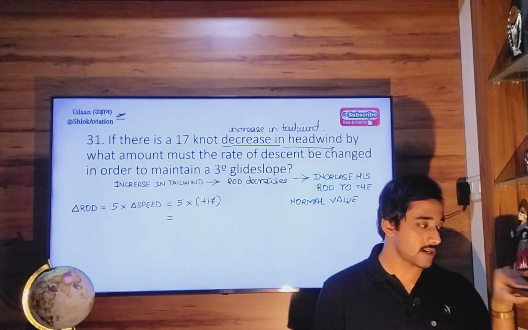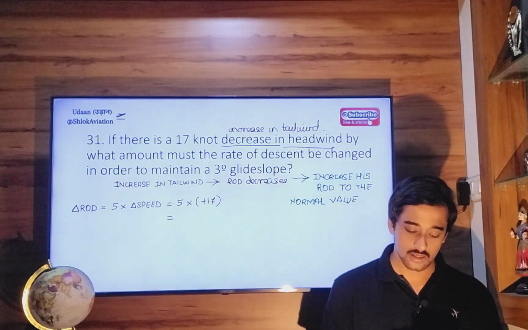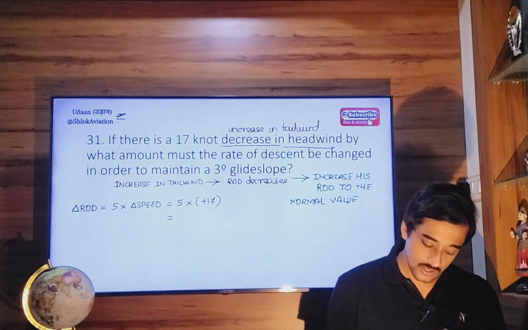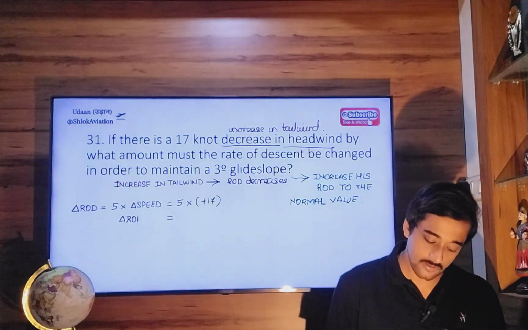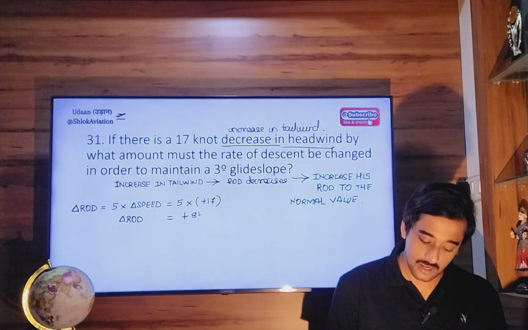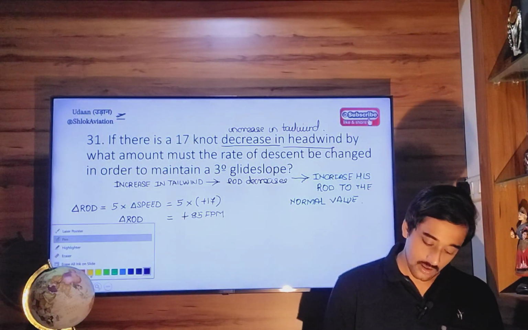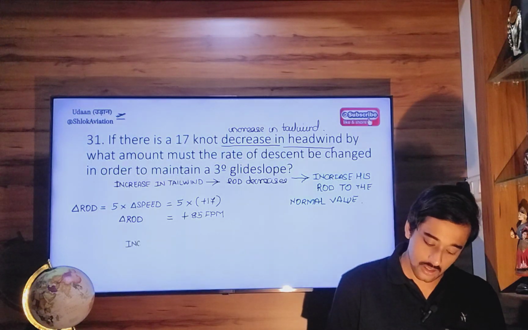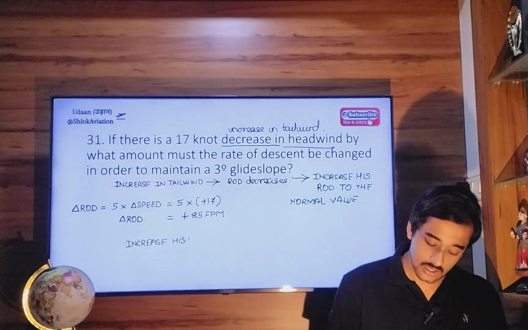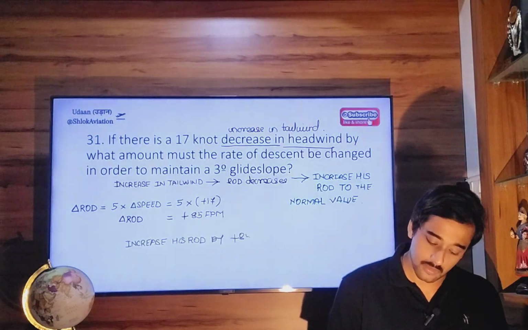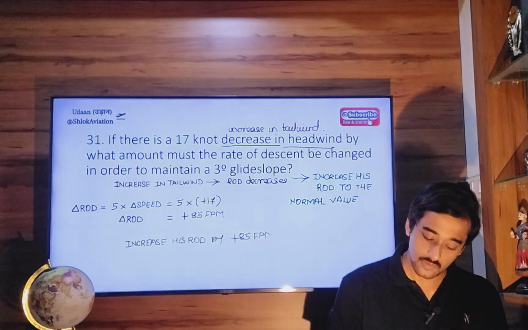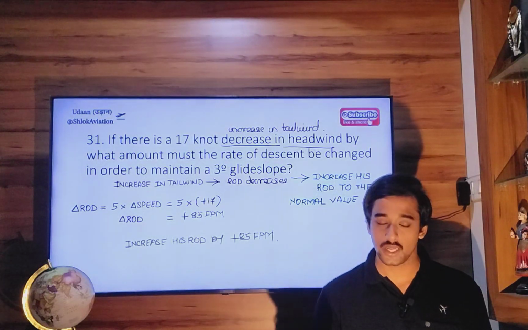So 5 into 17 is 85. So the change in rate of descent will be plus 85 feet per minute. That means the pilot of this aircraft will have to increase the rate of descent by 85 feet per minute.